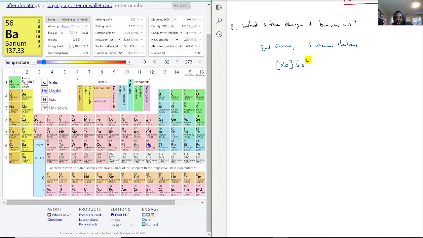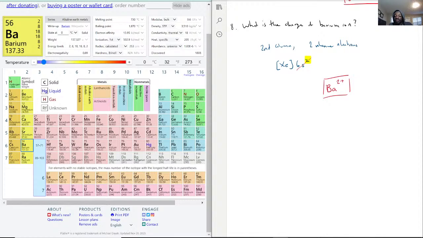So to become a noble gas, instead of having to add 6 more to fill the octet rule, it'd be easy to just get rid of those 2. So typically the charge of barium you'd see in nature as an ion would be 2+, because when you get rid of electrons, it's a positive charge, hence why we have 2+ right here, because it got rid of 2 electrons.